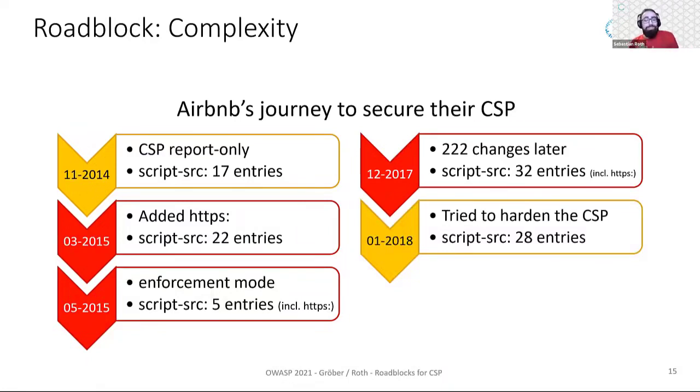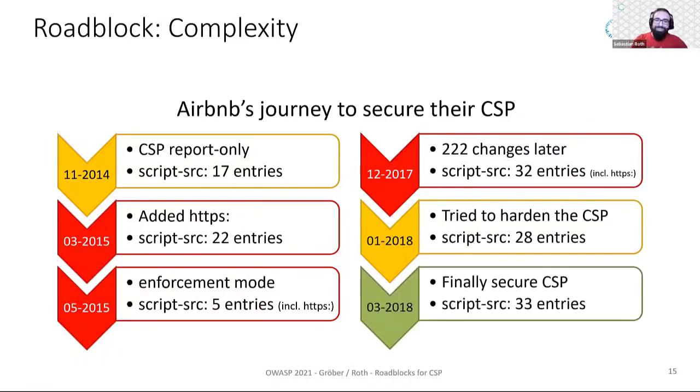However, they added the HTTPS schema again after less than 1 day, probably due to some fatal errors that occurred in their app. And then finally, in March 2018, they had a second try to enforce a secure CSP, and they finally succeeded with that.